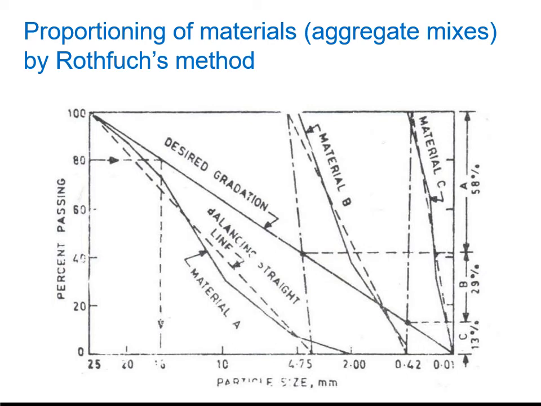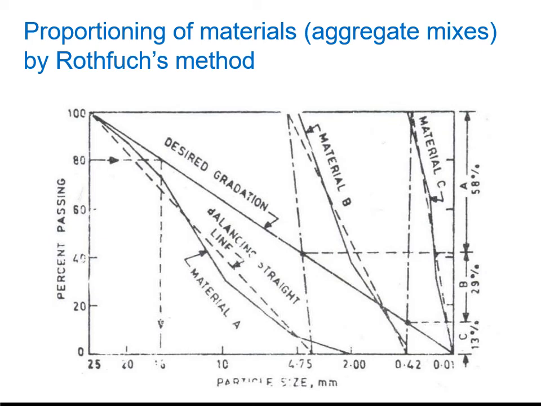Similarly for material C it is 13%. These values may be read, or you may get them from the y-axis by projecting the points of intersection. Projecting these points of intersection on the y-axis, we get the percentages 58, 29 and 13 for material A, B and C.